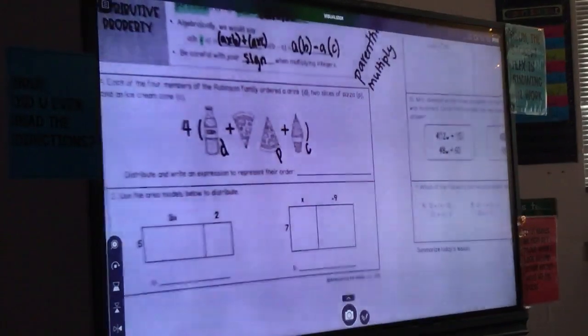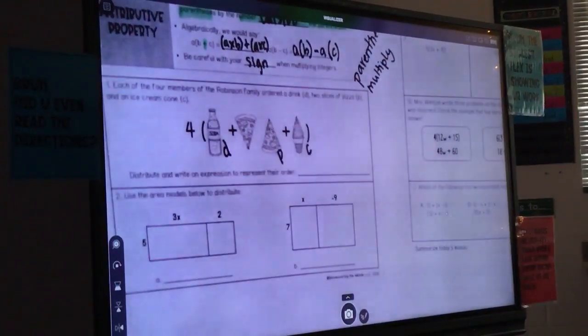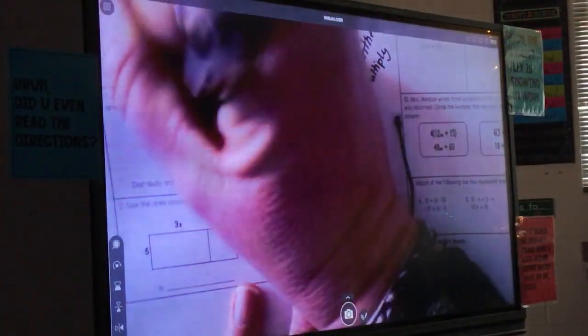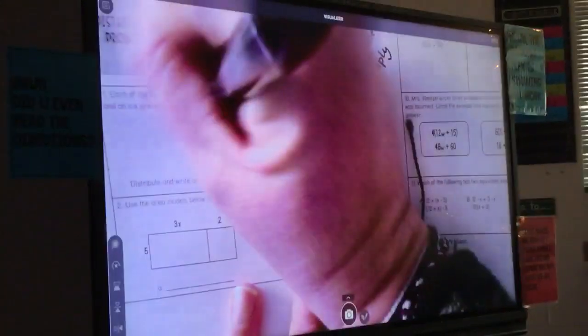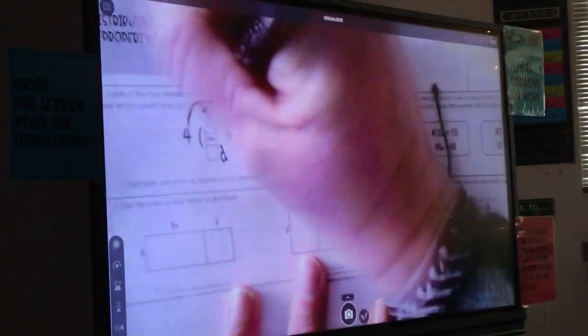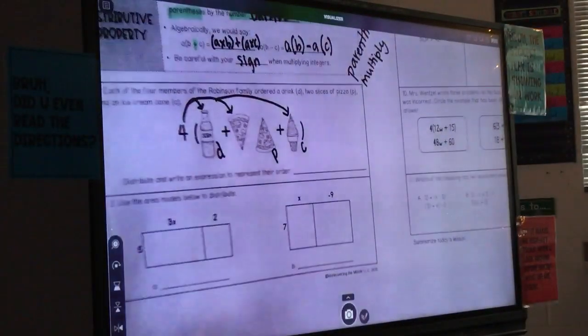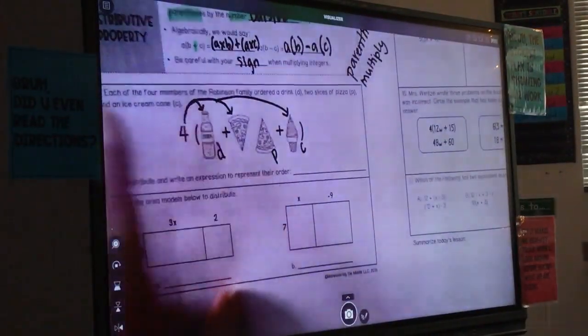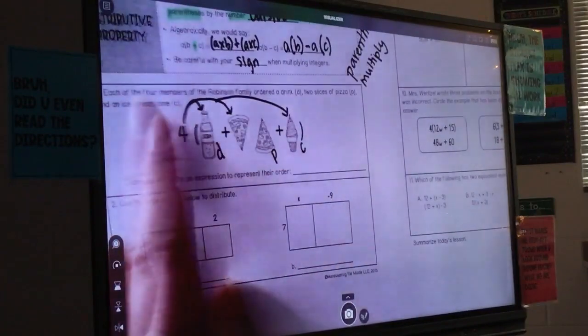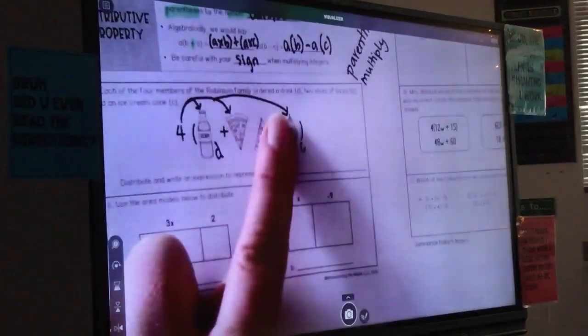So those are going to be our variables. And then you are going to do this for every problem you do today. All right? Those little arrows tell me that I am distributing the 4 from the outside to the inside, outside to the inside, outside to the inside.